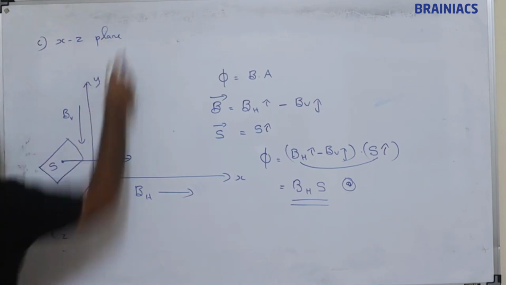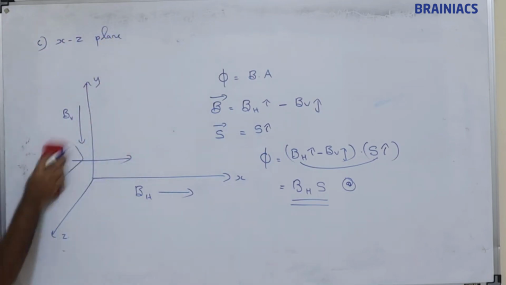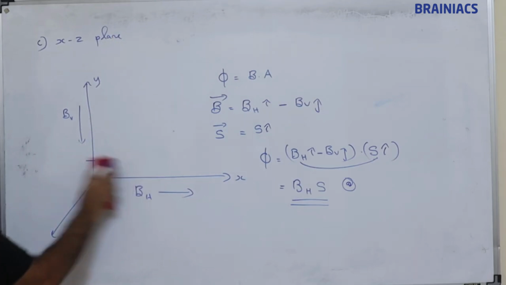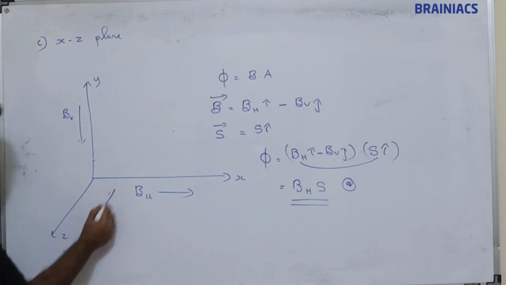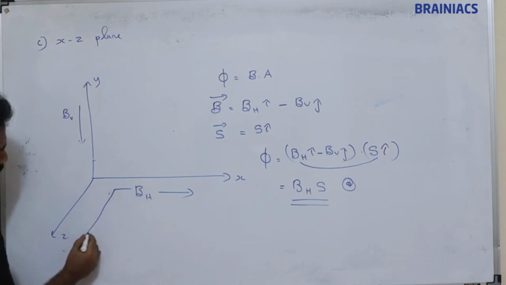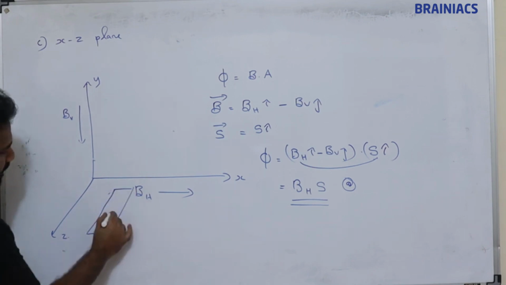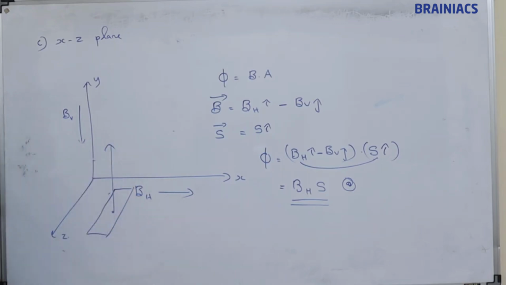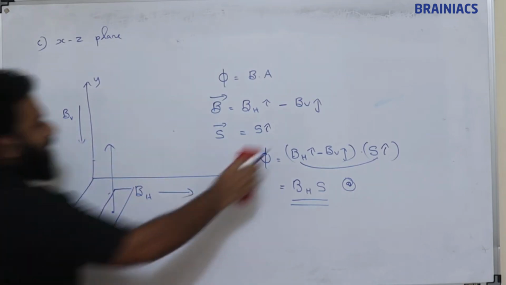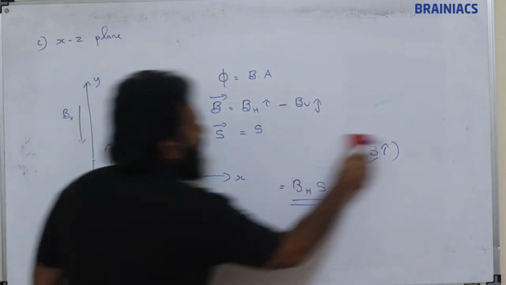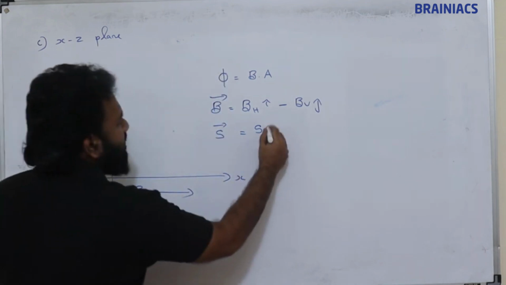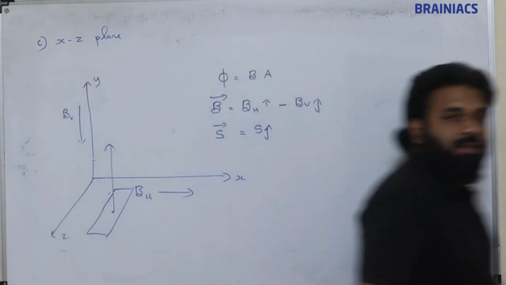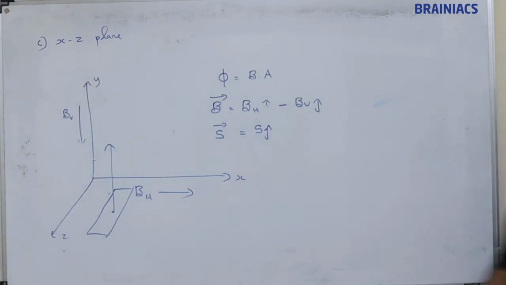The area is given like this this time, and the direction is given like this. So what is the direction of the area vector? Only the area vector direction is changing here. So we can write the area vector as S j, correct?